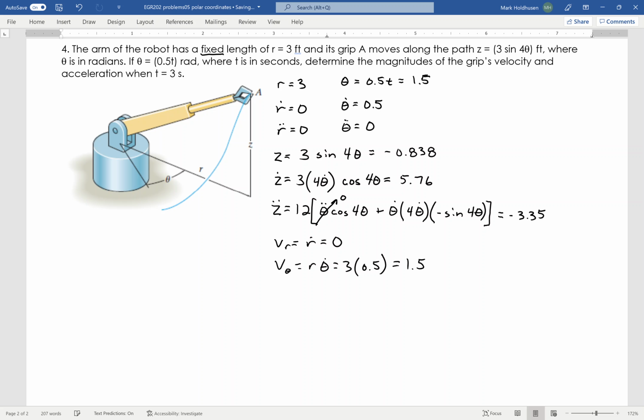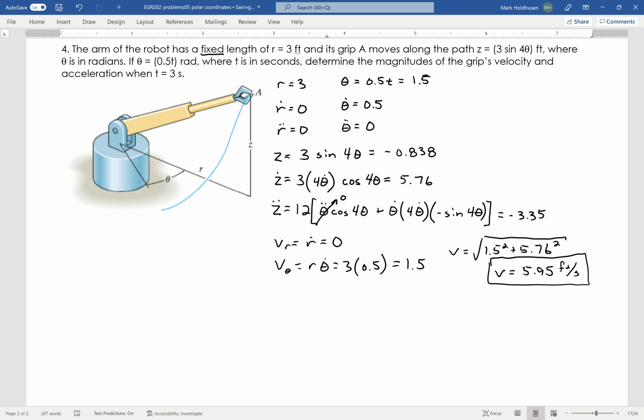Again, I have the z dot, so now I can find the total v equal to the square root of 1.5 squared plus the 5.76 squared. And from that, I can find the velocity equal to 5.95, and that's going to be feet per second. So again, find the velocity in each direction, r, theta, and z, and then take the square root of the sum of the squares to get that.